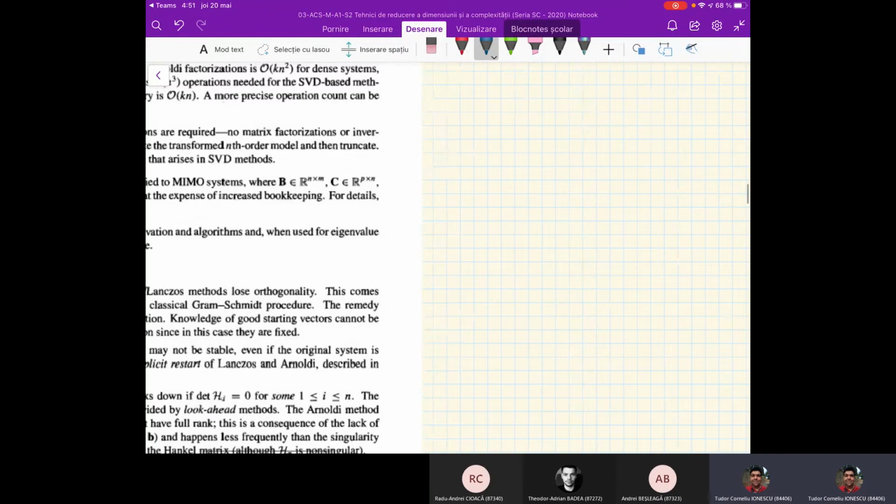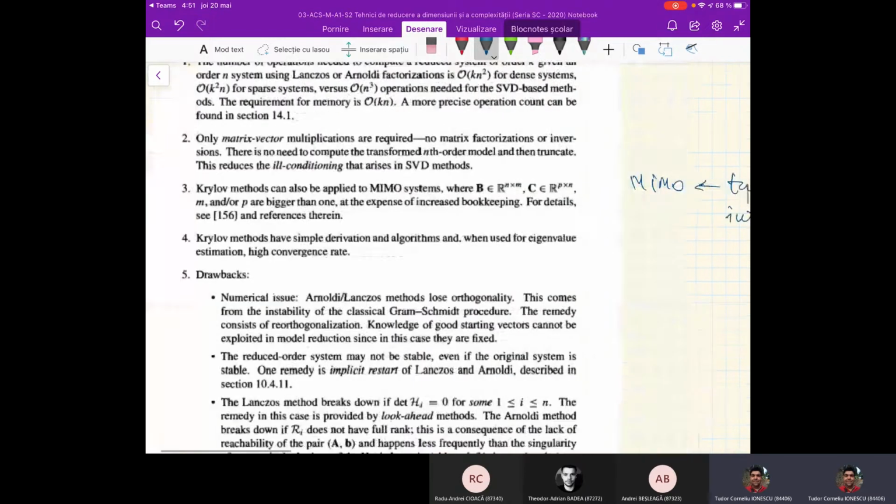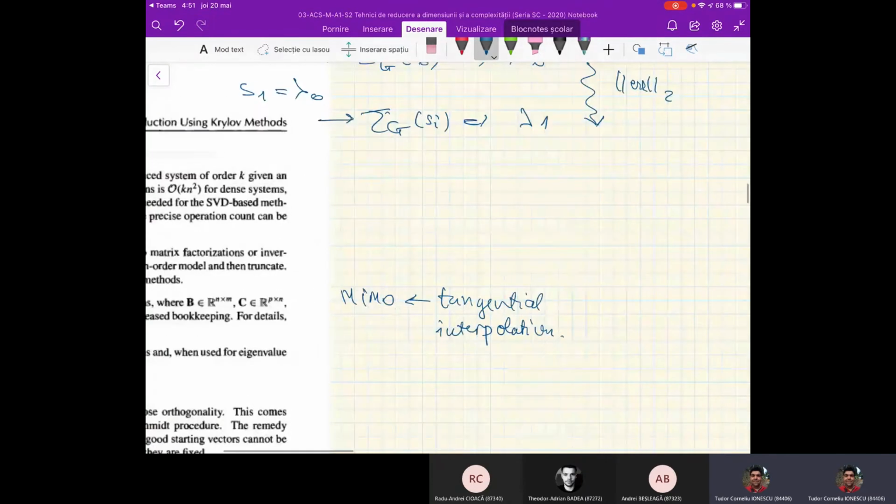If not, for MIMO, you can look up the new problem of tangential interpolation. Okay, need I remind you what interpolation is?